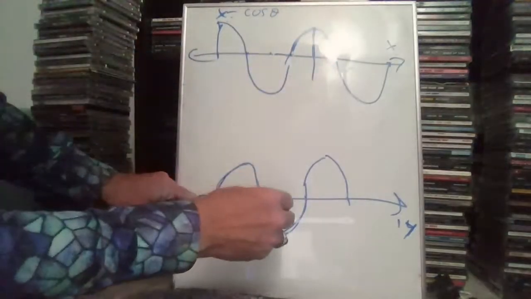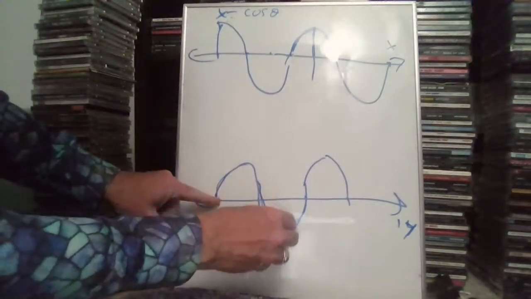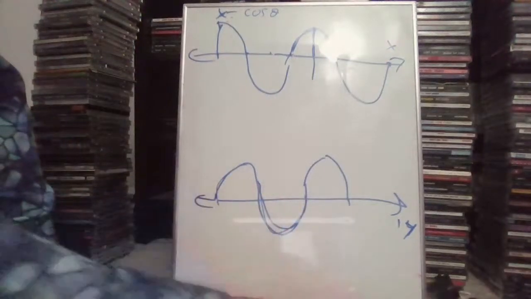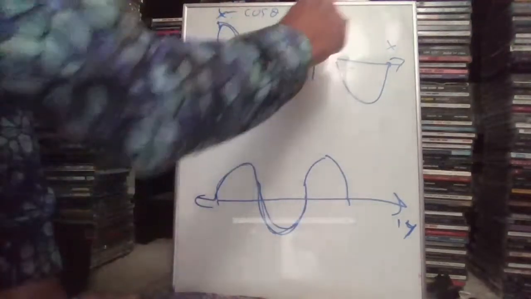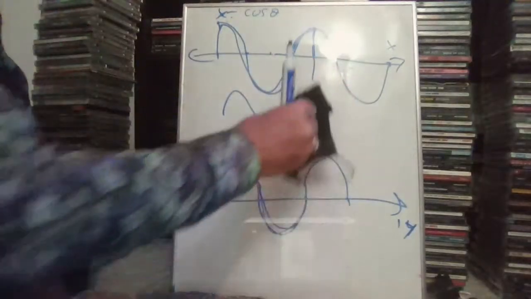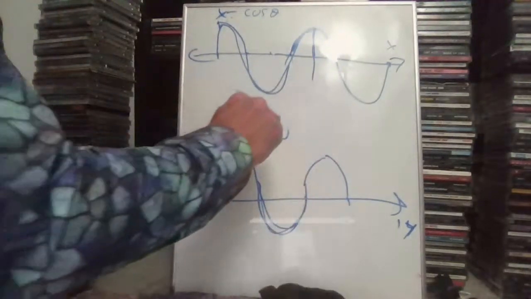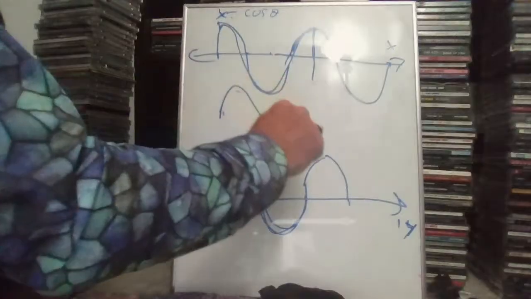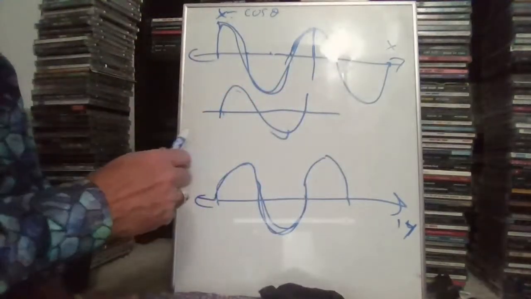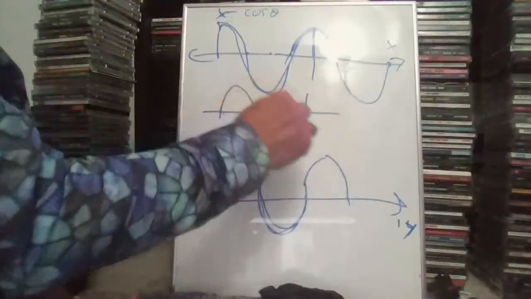So while the cosine is doing this, the sine is doing that, and they match like that.